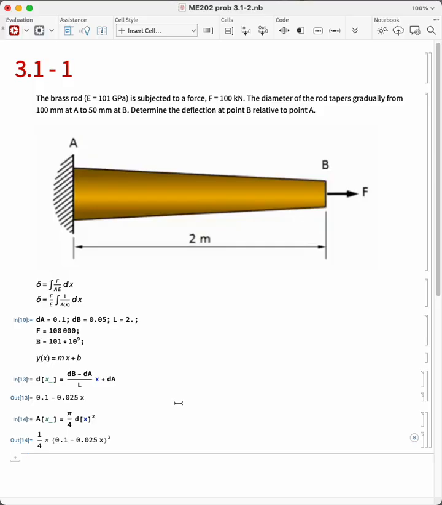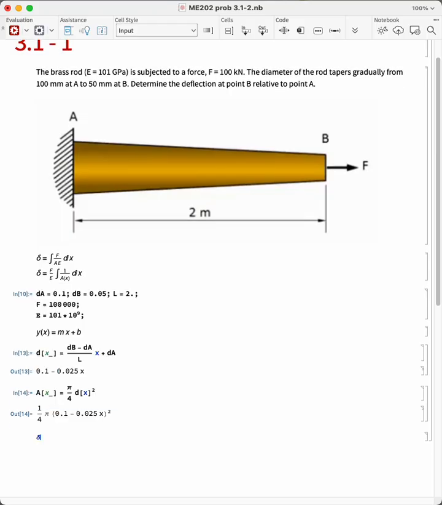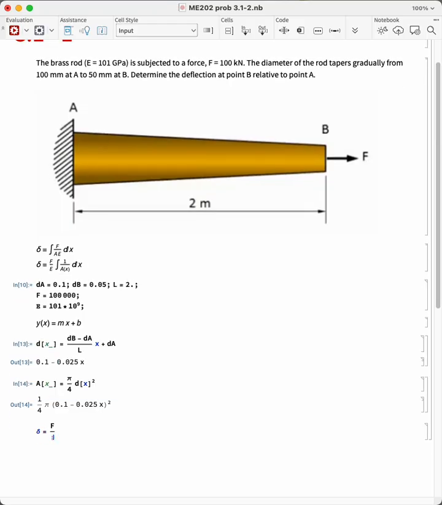Okay, so all you need to do is write this function right down here. So delta is equal to F over E times, and we're going to do a definite integral here.